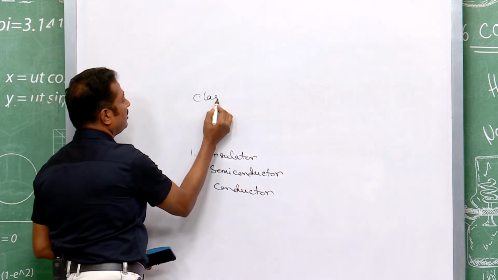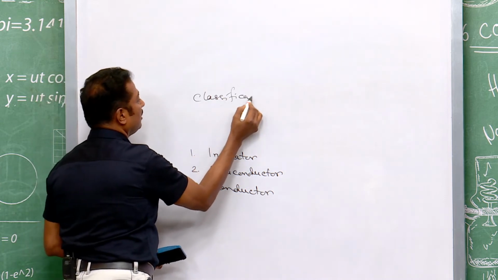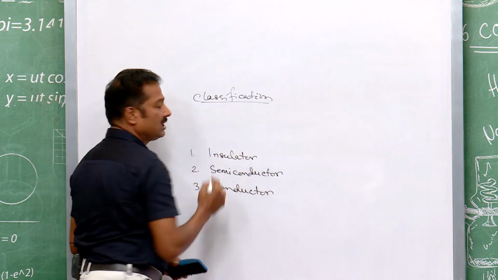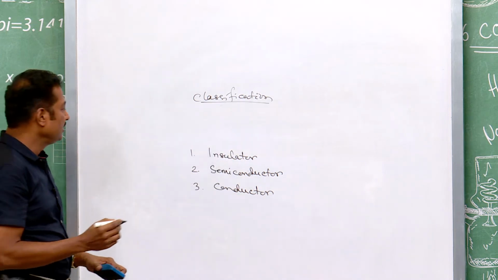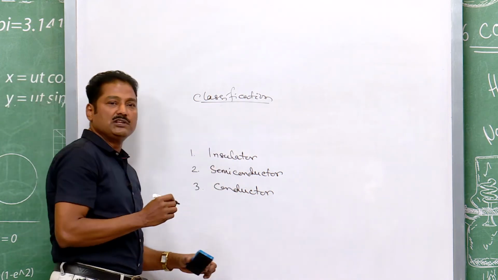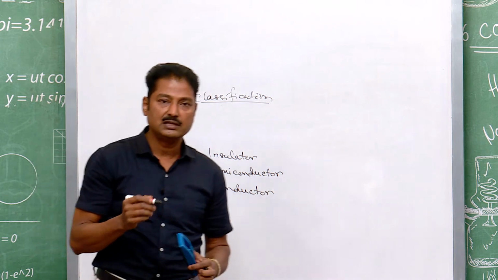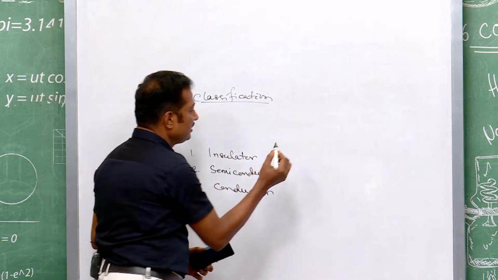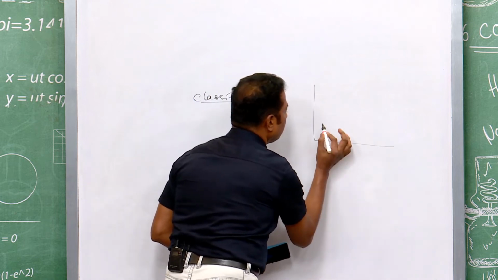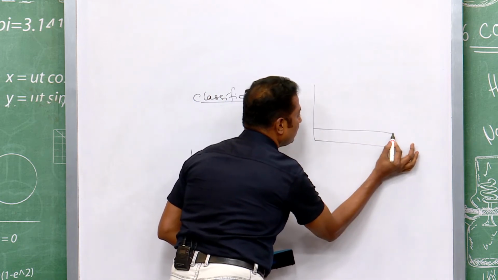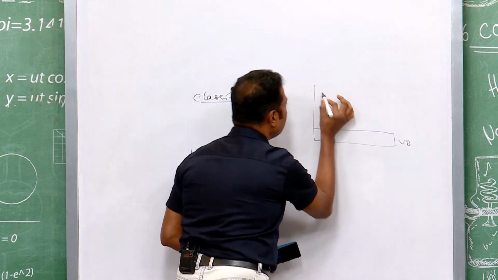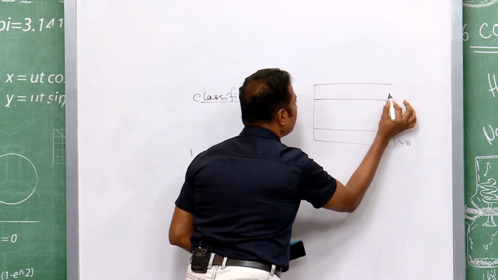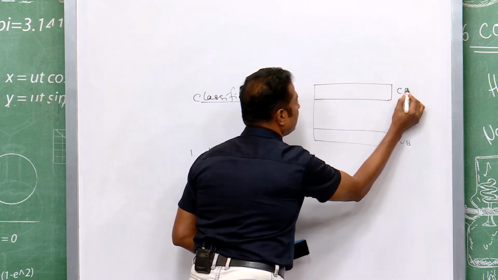Classification by band theory. I was talking of the insulator. This is your valence band and this is your conduction band.